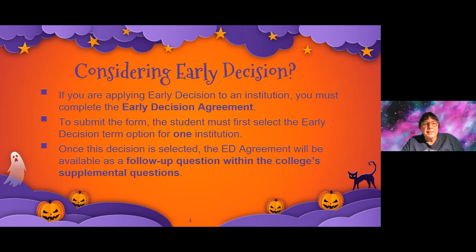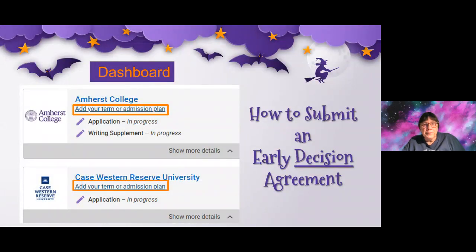Once you've made that decision and you've gone to early decision under your term option, then the ED agreement will be available as a follow-up question within the college's supplemental questions. I'm going to show you that right now. So first of all, here's how you submit an early decision agreement. It's a little bit different for early action.